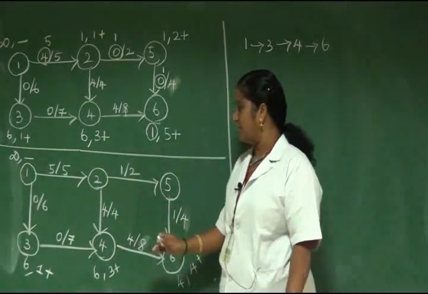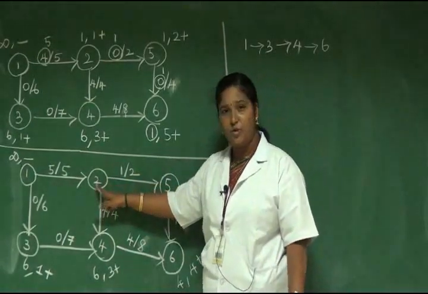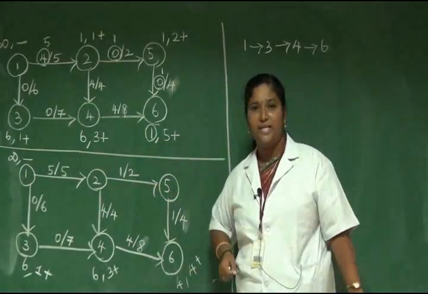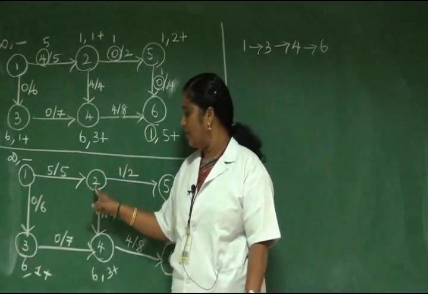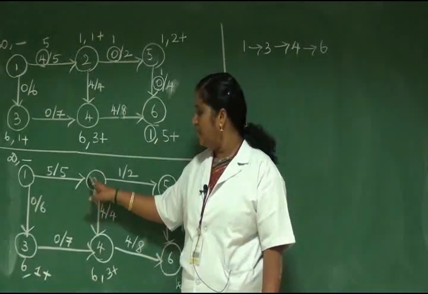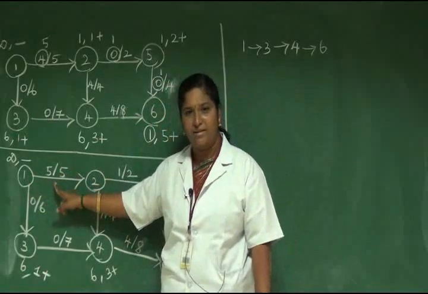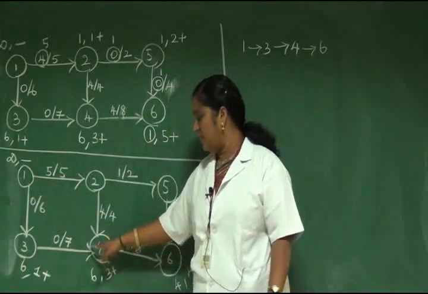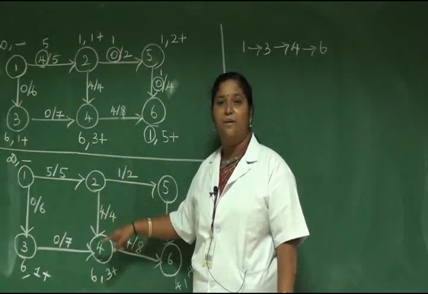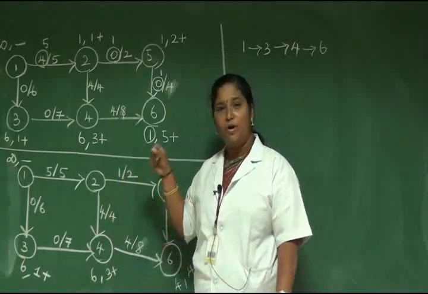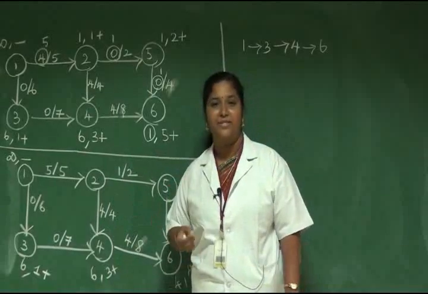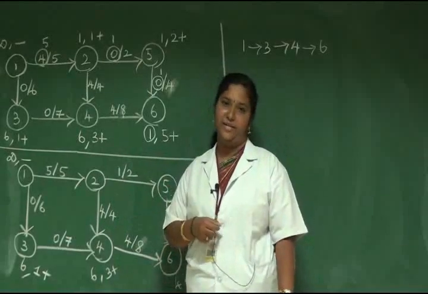So now look at the remaining vertices. So here you are having vertex 2 and vertex 5 which are not labeled. So now we have to label this vertex 2. So to label this vertex 2, you cannot use vertex 1 because its remaining capacity is 0. So check this vertex 4. So here you can apply a backward edge. So to apply a backward edge, the condition is xji value should be greater than 0.